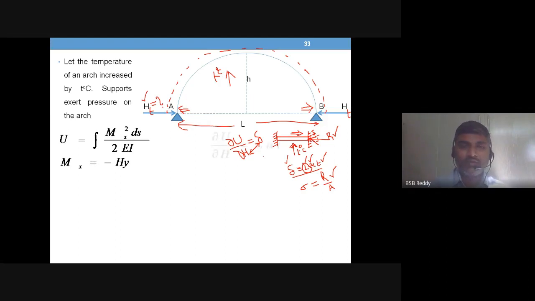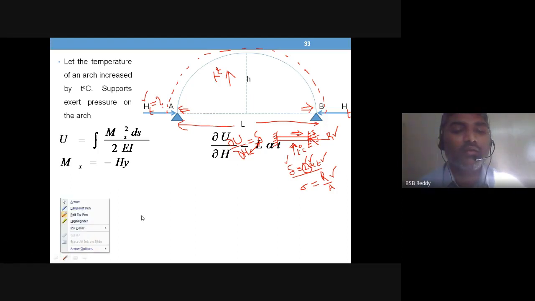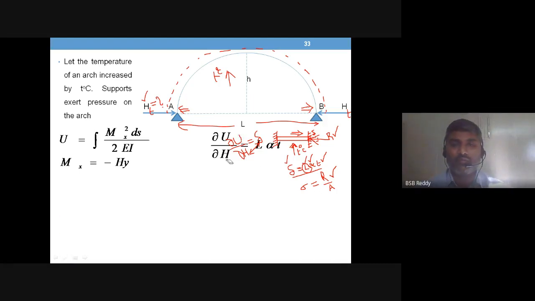Right. So that is what is now written here. I'll just clear it off. Right. So dou u by dou H, from Castigliano's theorem, dou u by dou H is equal to delta.